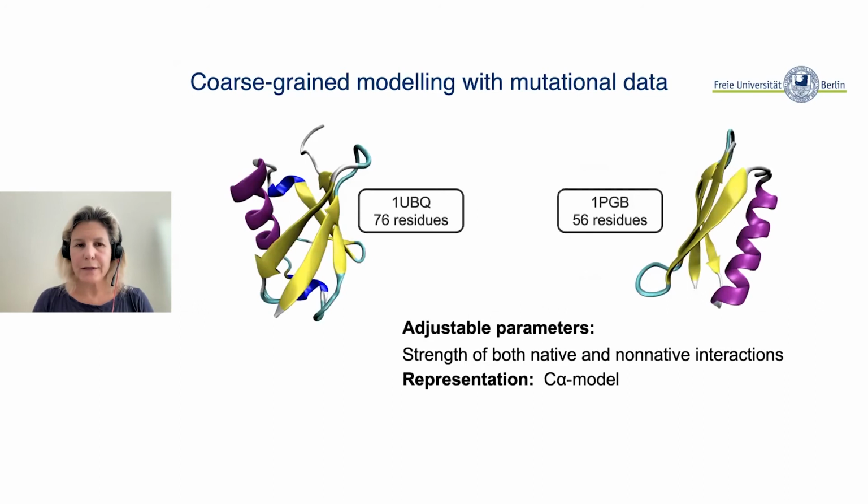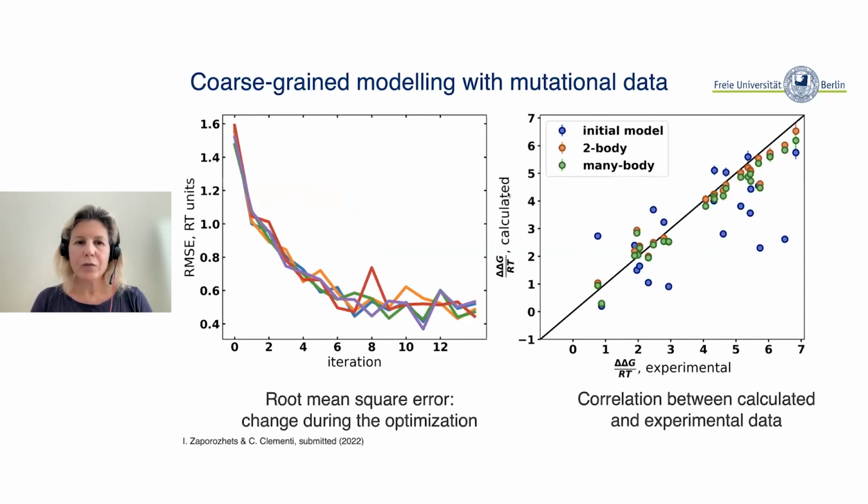So we use these for two proteins, ubiquitin and protein B, and we use only a carbon alpha model, and we use the native and non-native interaction. These are just details on the representation. For ubiquitin, everything works very well.